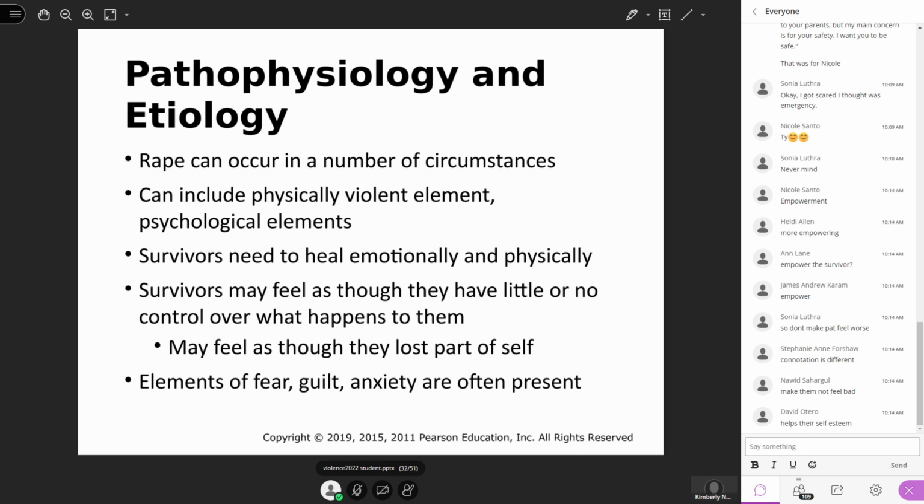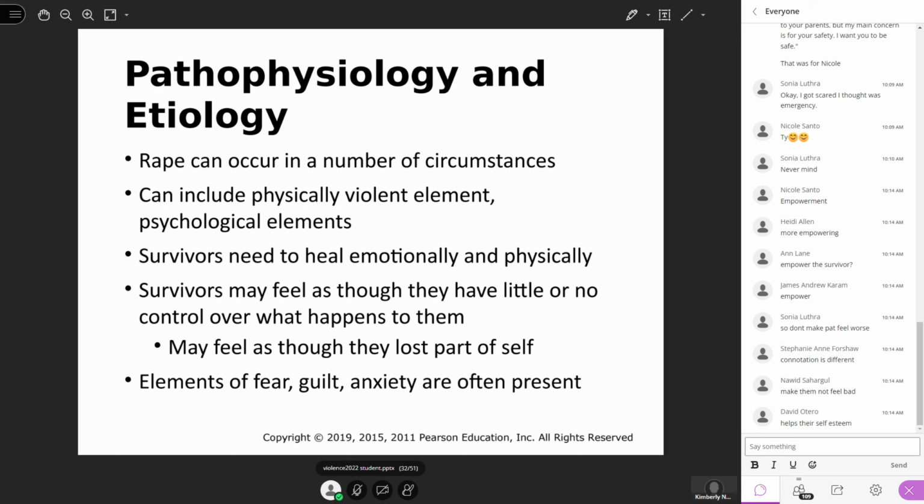Okay. So rape can occur in a lot of different situations. We want to know that just because a person might have gone out on a date with a person, or they know the person that has raped them, it doesn't mean that it's still not rape, right?